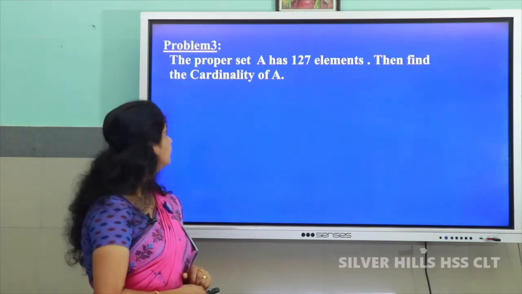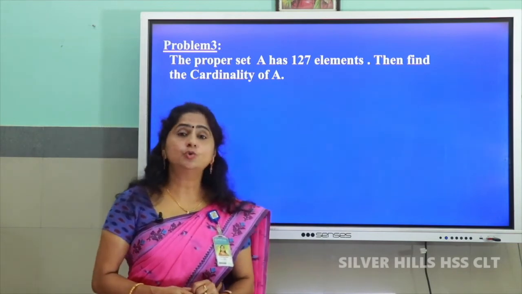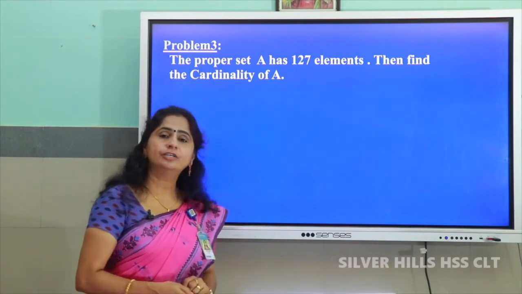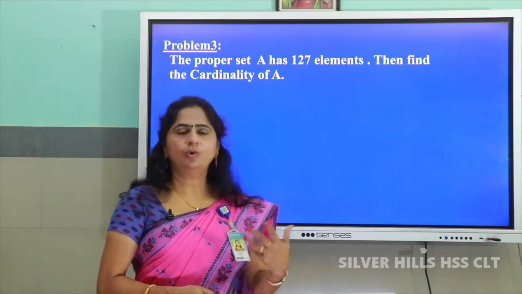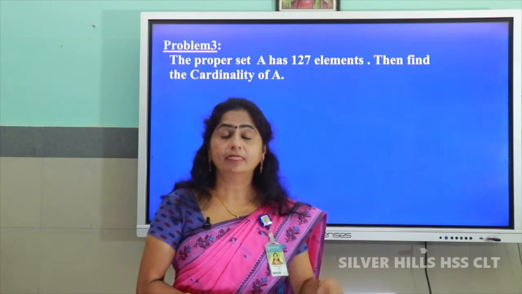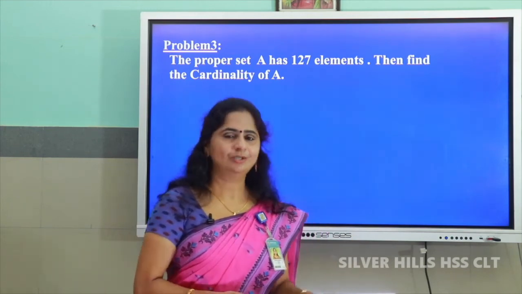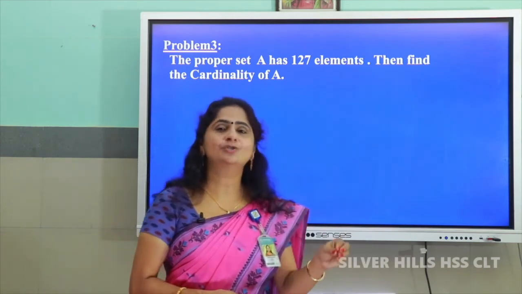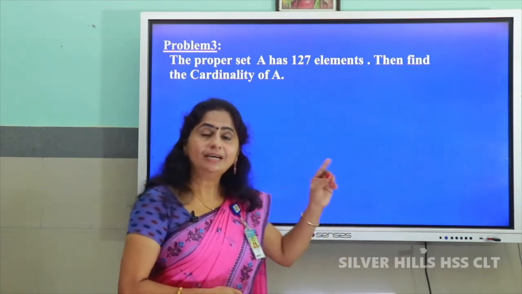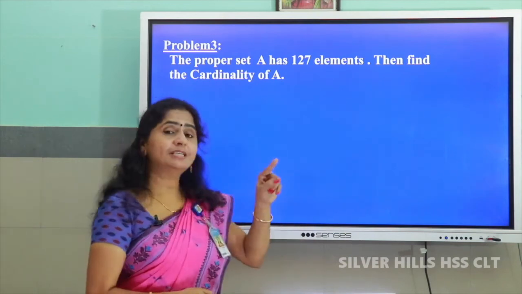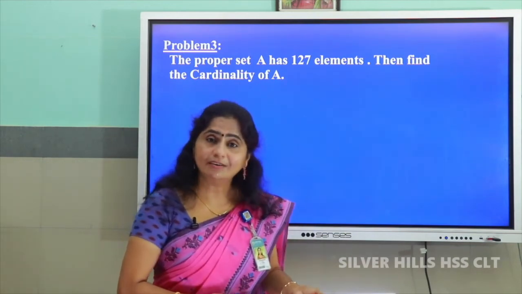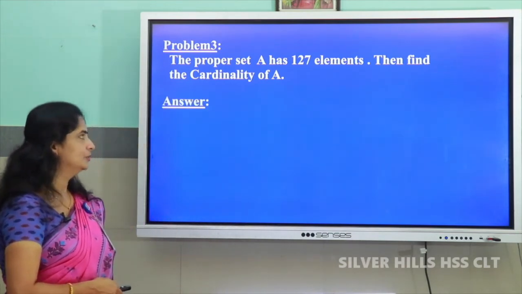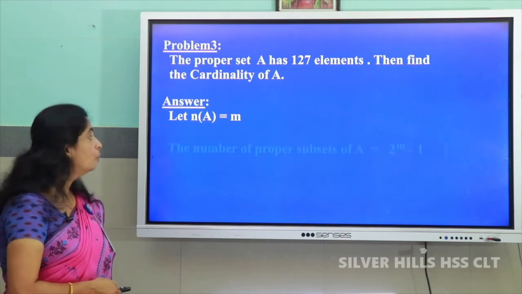Next problem. The number of proper subsets of A is 127. Then find the cardinality of A. So what do we mean by the cardinality of A? The number of elements in A. So let n(A) be equal to m. The formula to find the number of proper subsets is 2 raised to m minus 1. Here it is given that the number of proper subsets is 127. So what is given to you? 2 raised to m minus 1 is 127. And you are asked to find m.